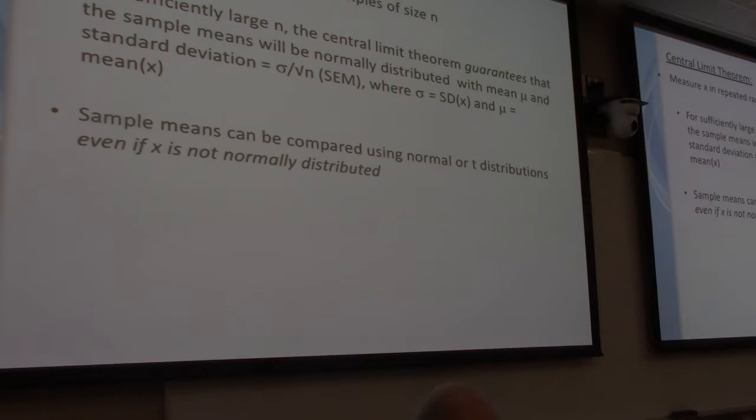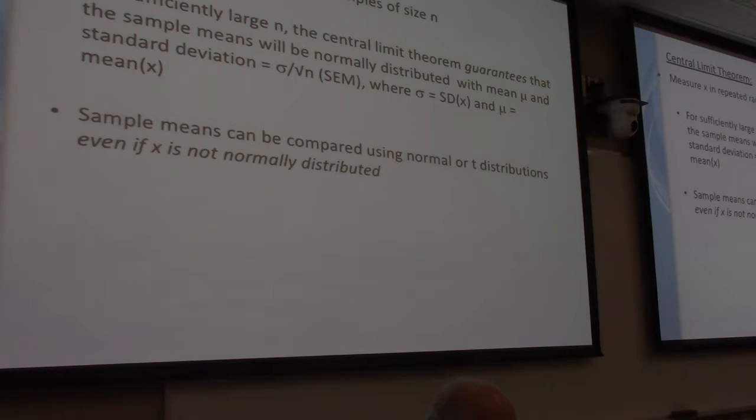The central limit theorem is important, and again, we've gone over it in detail, but I'm just going to remind you, it comes into play whenever you're measuring some quantity x in random samples of size n. And basically what it tells you is that regardless of the distribution of x, the mean value in that sample will be normally distributed. So if I calculated 100 different means from 100 different groups of size n, the resulting distribution would be normal.